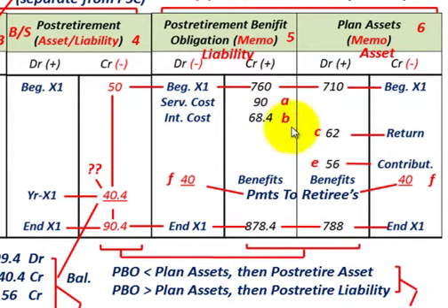So in our case, the PBO was greater than our plan assets, and that gave us a liability amount. So that was the guideline. Now, if the opposite were true, if our plan assets were greater than our post-retirement benefit obligation, then we would have a post-retirement asset, or increase our post-retirement asset by that amount.